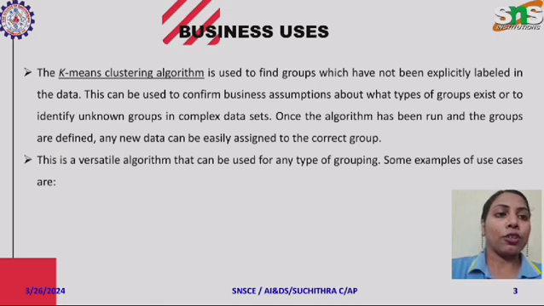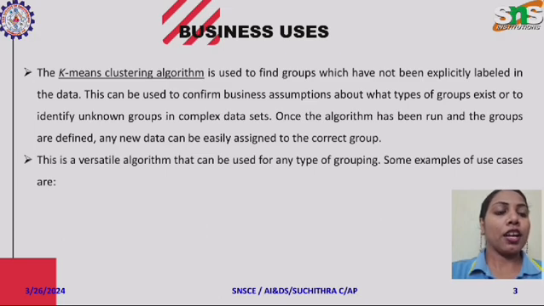Once the algorithm has been run and the groups are defined, any new data can be easily assigned to the correct group. This is a versatile algorithm that can be used for any type of grouping.